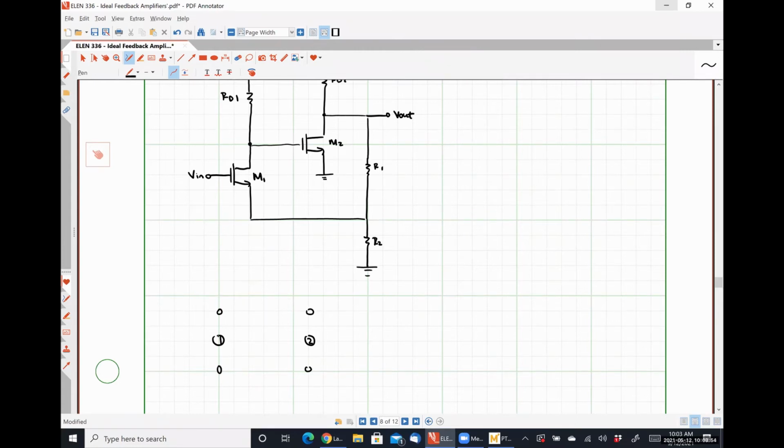R1 is going to connect port 2 to port 1 because it's connected between the output and the input. And then R2 is placed between the input and ground. So the exact same feedback network as we had before.